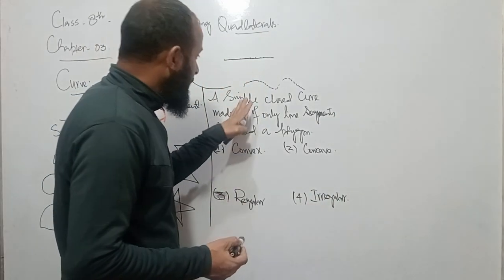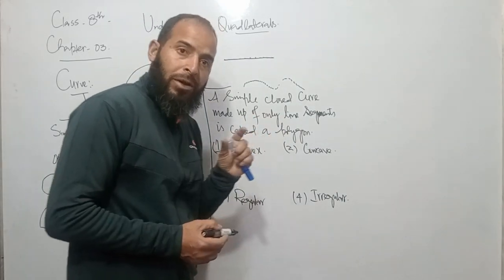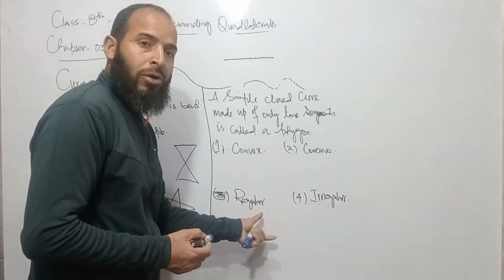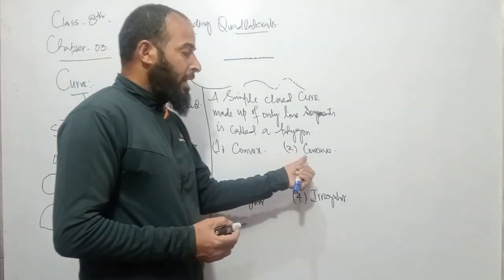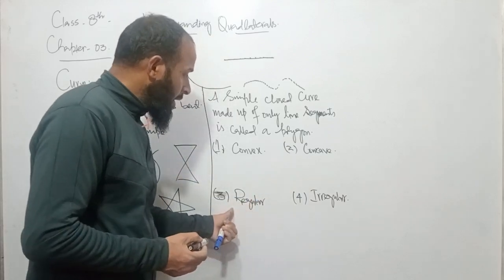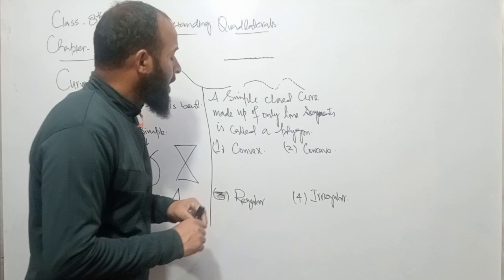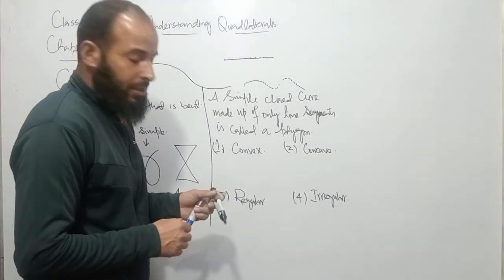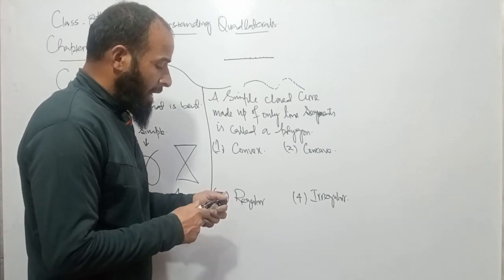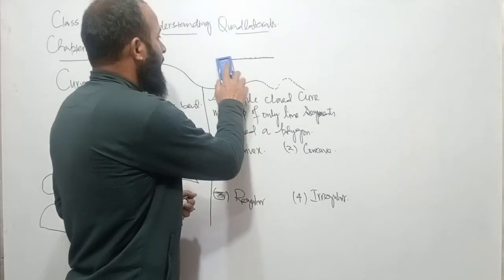So on the basis of this definition, a polygon has been classified into 4 types. First one is convex, second is concave, third is regular, and fourth one is irregular. Before going to these definitions, we will learn another term that is known as a diagonal.